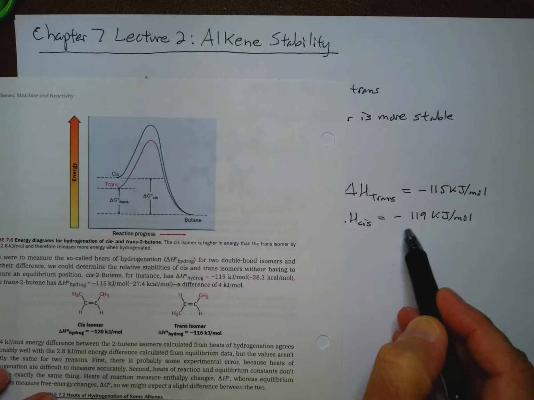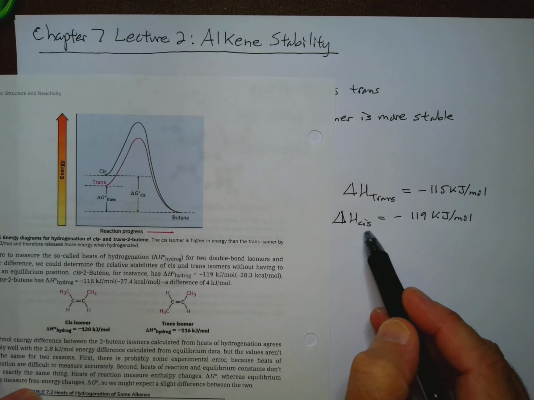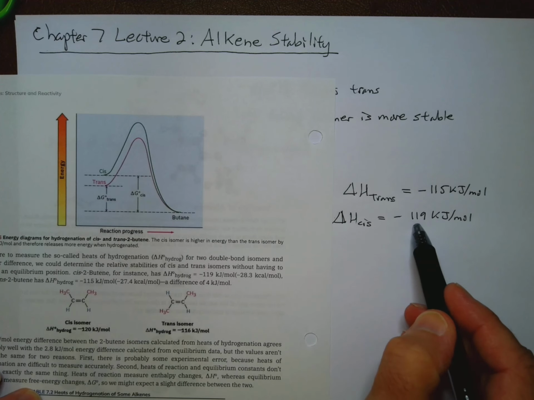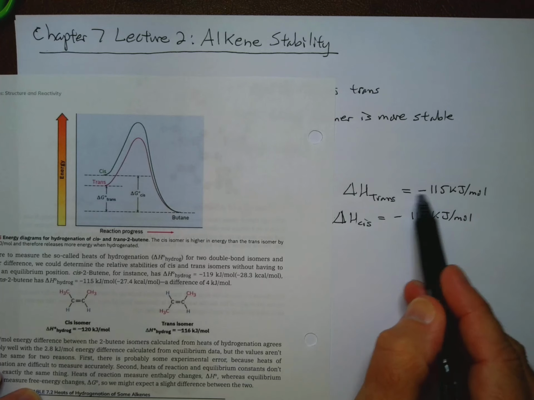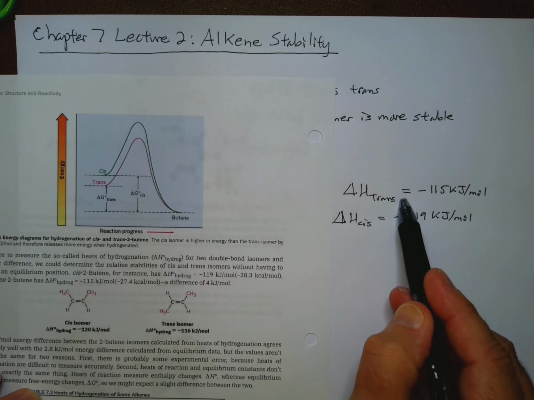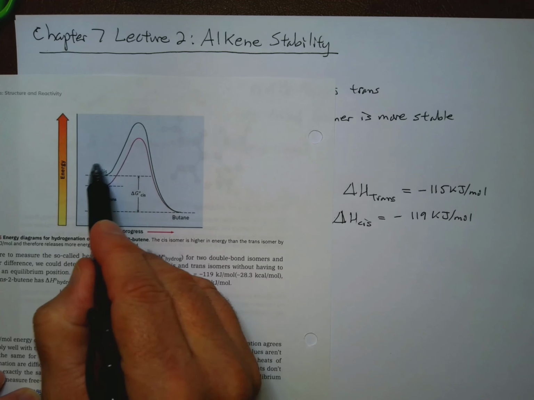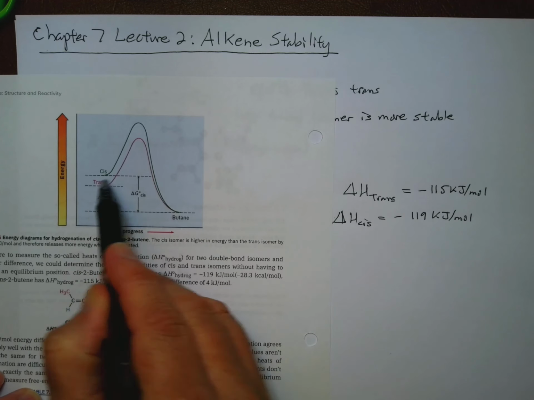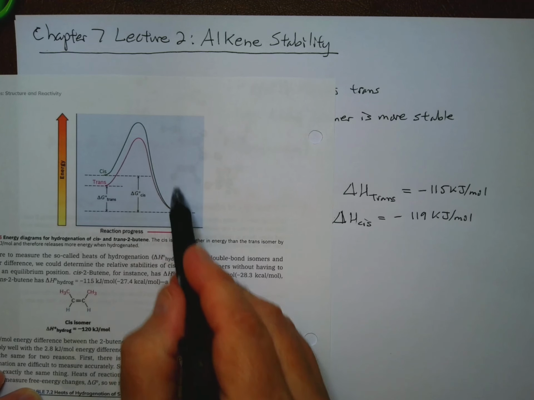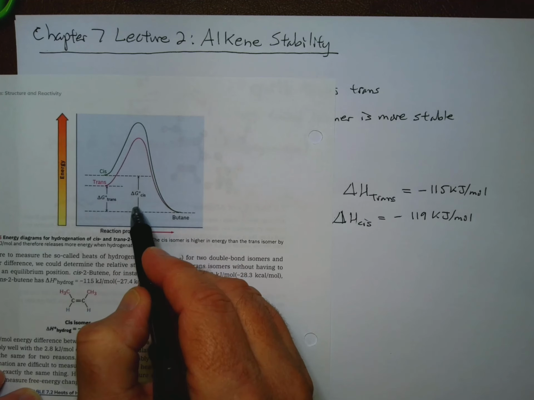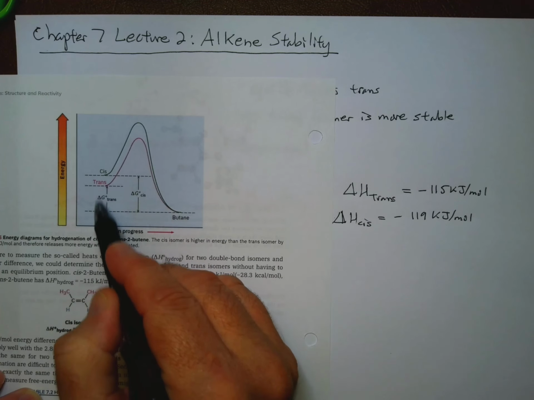That's why its delta H of hydrogenation is more negative than for the trans. So cis is higher in energy than trans. When you do the hydrogenation, which is exothermic, you get a larger release of energy.